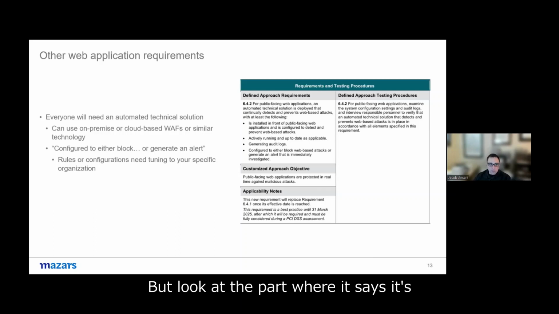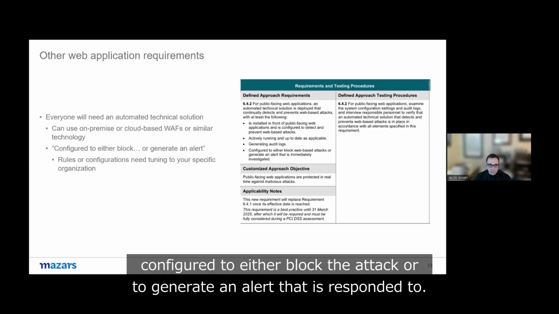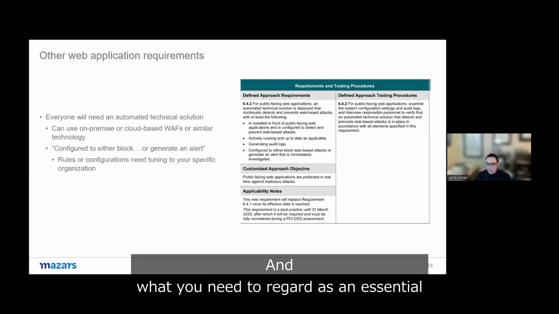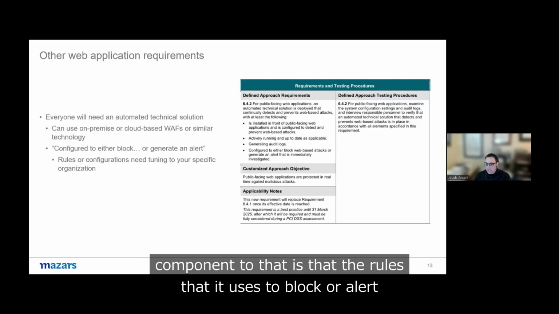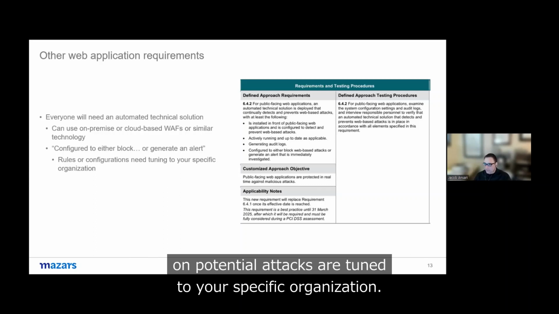But look at the part where it says it's configured to either block the attack or to generate an alert that is responded to. And what you need to regard as an essential component to that is that the rules that it uses to block or alert on potential attacks are tuned to your specific organization.